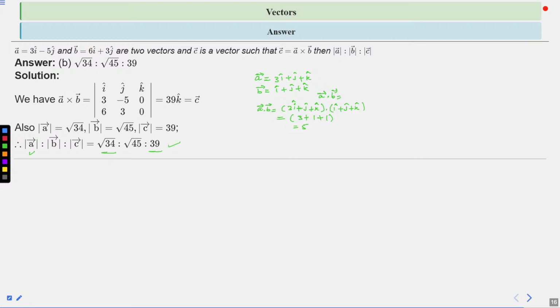Now one more question. Suppose B vector is equal to j cap plus k cap. So what is the answer? Dot product of A and B. What is A dot B?